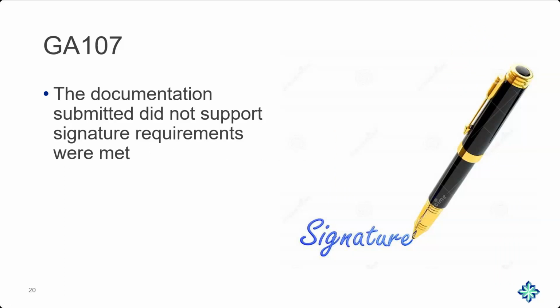And again, if you want more information on signature requirements, you can find it in the link that I am going to put in the chat right now. That is a CMS booklet on signature requirements. I encourage everyone to read that. Anyone that does any kind of medical documentation should have that in their back pocket.